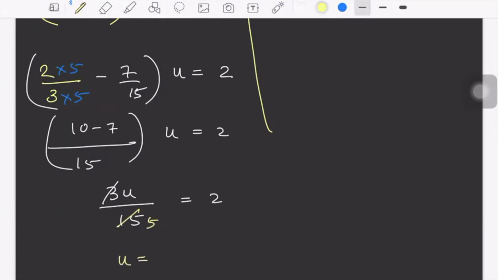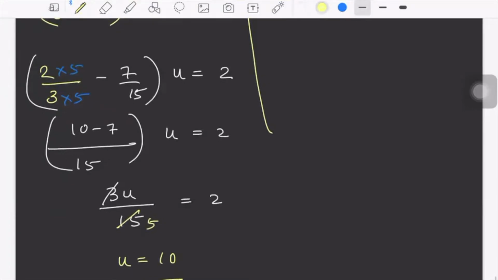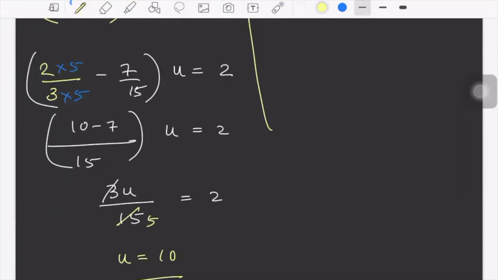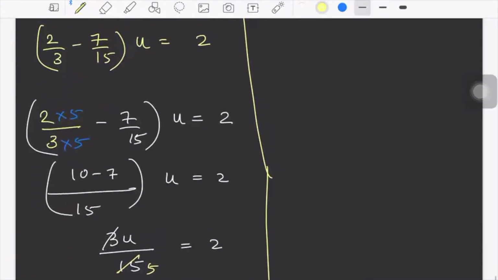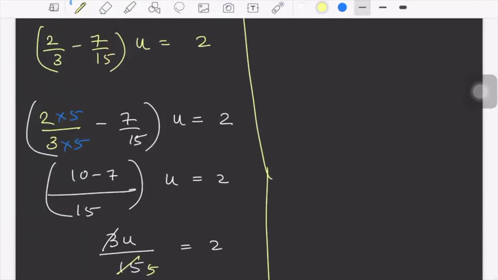So u is equal to 10. Yes, this is cool. I hope we have already done this question.